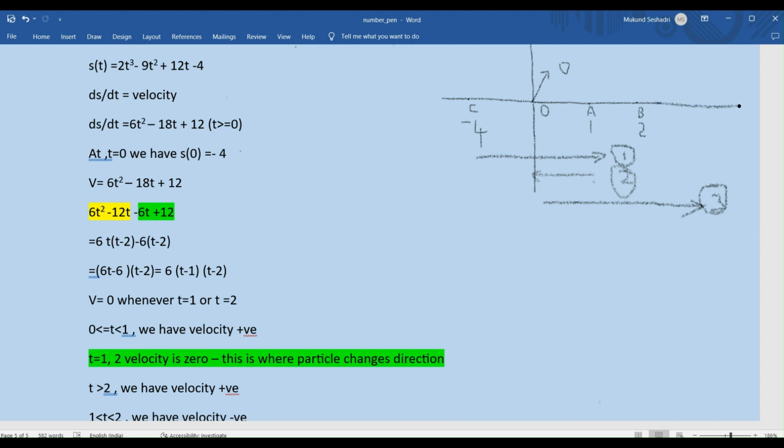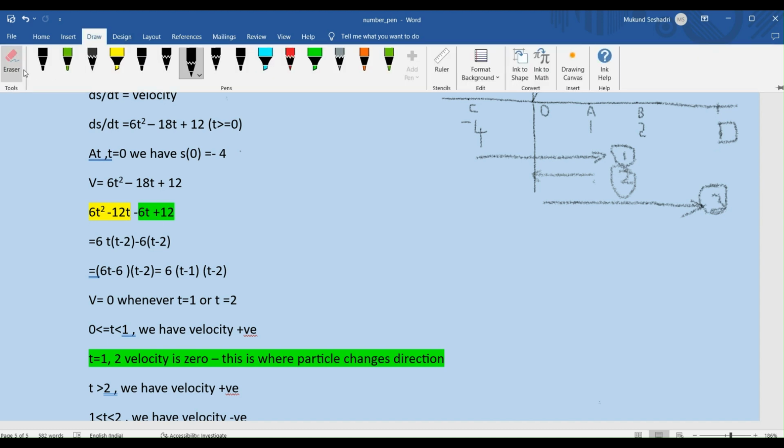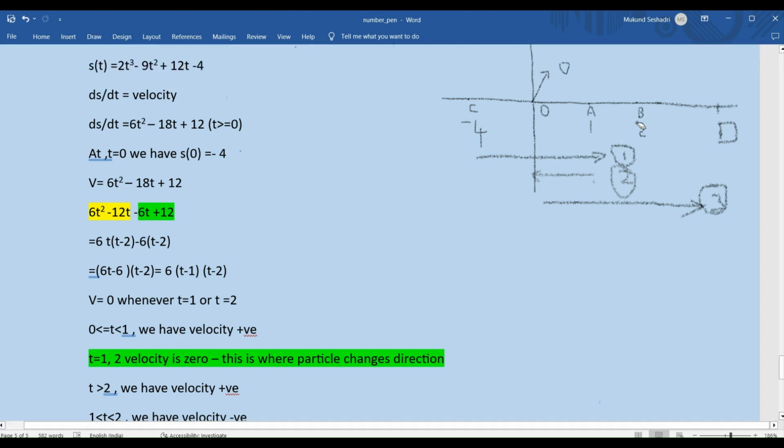Let me just expand this and let me call this point D, right? So we are at point D when t equals 4. And let me erase this to avoid unnecessary confusion. This is no longer required, right?